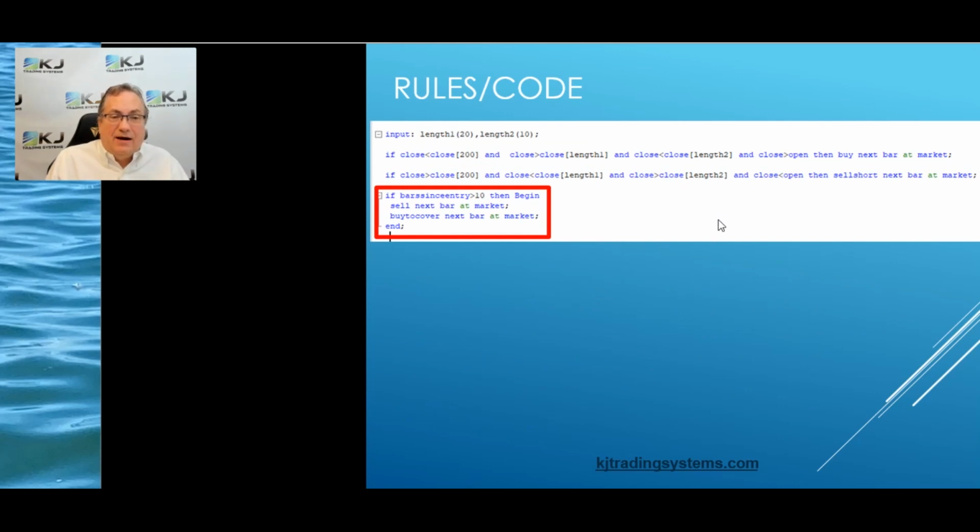Then exits. I don't have any special exit other than the entry being an exit, except I'm exiting after 10 bars, regardless of profit, regardless of loss. It just exits. And you might say, why are you doing that? Well, the one cool thing that I've seen over the years is signals don't last forever. A lot of signals just have a certain time frame.